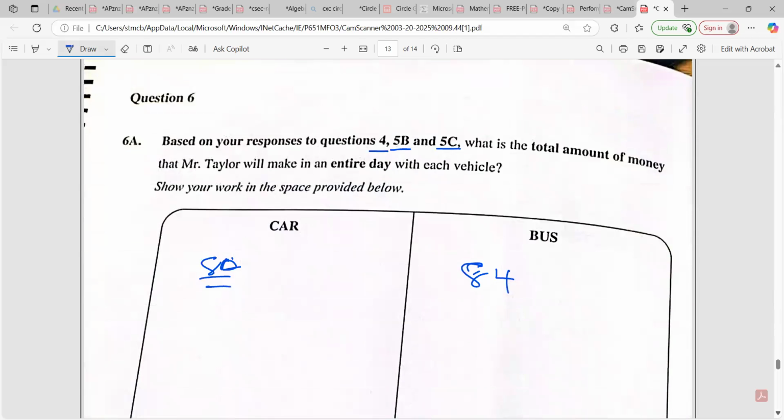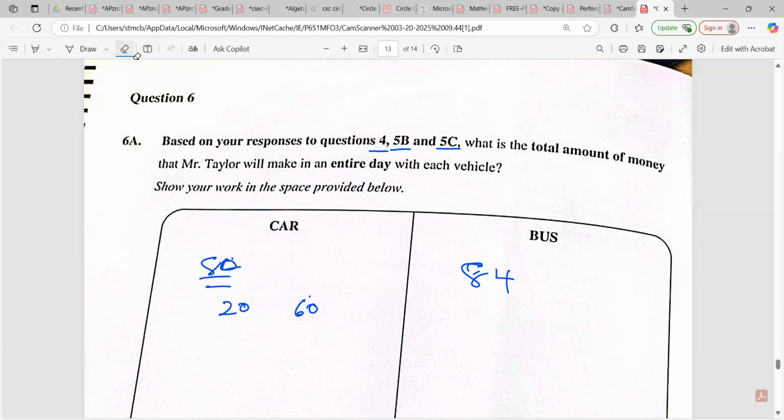For the car, 20 and 60. No, this was for the bus, 12 and 72. And for the car, no, this is correct.